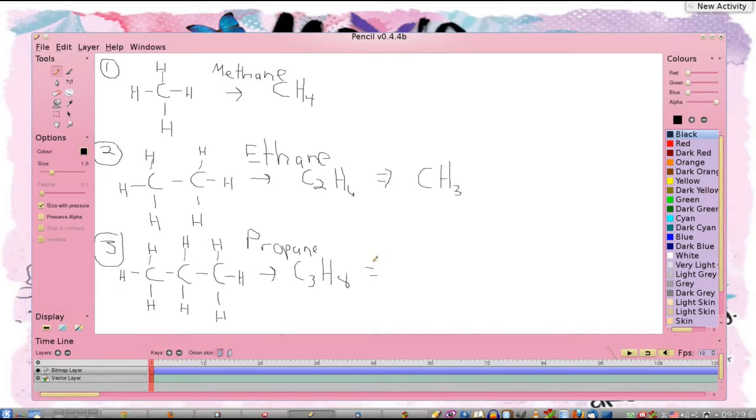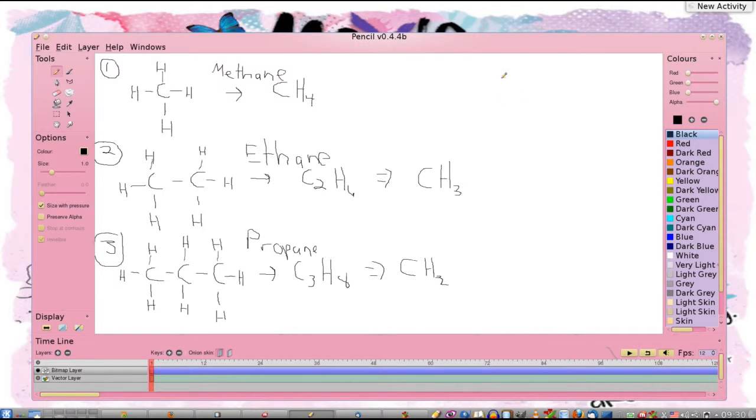We could do the same thing for propane, where we see the standards. There's the CH3, there's the CH3 here, but now we have the new CH2. So this is another bonding element, CH2.